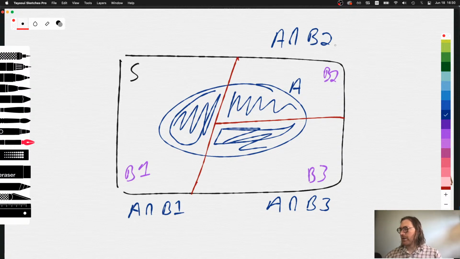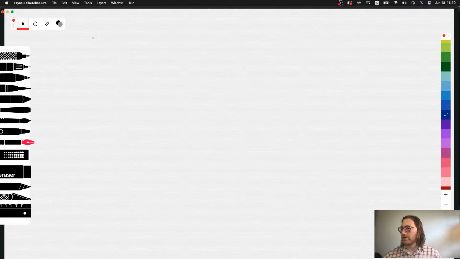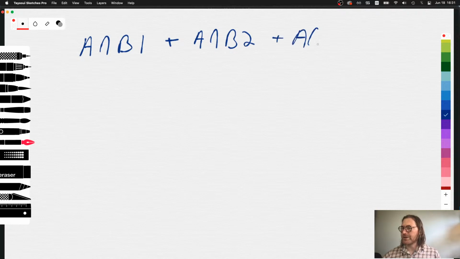I'll just draw this on a clean sheet and we'll go from there. A intersect B1 plus A intersect B2 plus A intersect B3. Okay? So that is A. A is composed of that. So that's a starting point. Oh, I'm sorry, I'm doing addition here.